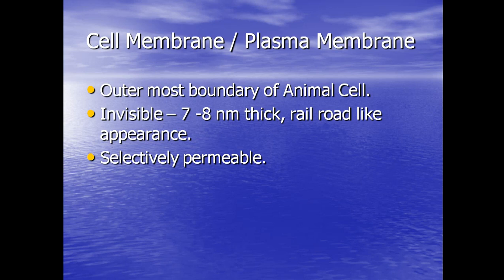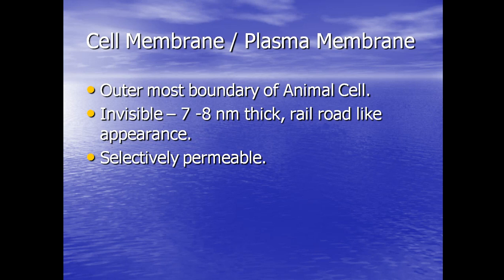Many scientists, earlier, used to say that the plasma membrane is a semi-permeable membrane. But in my opinion, it is not semi-permeable, but selectively permeable. That is, it can sense, it has a brain of its own, by means of which it selects which materials are to be allowed through it or not.